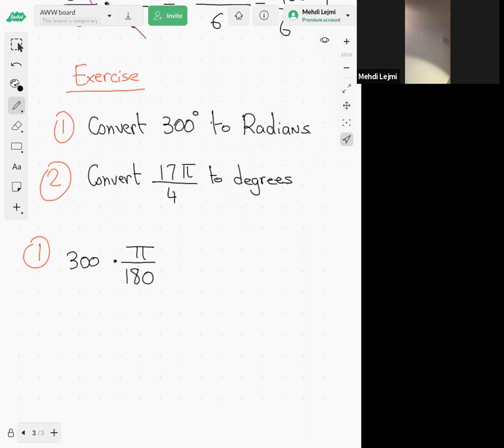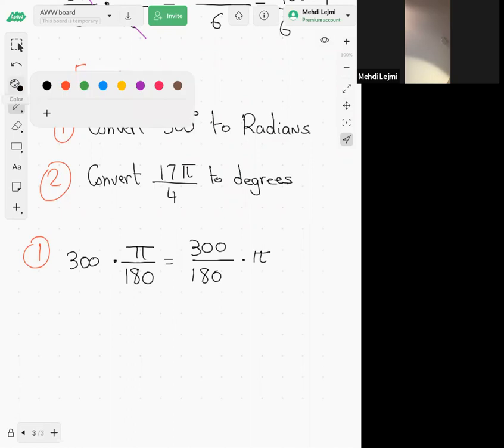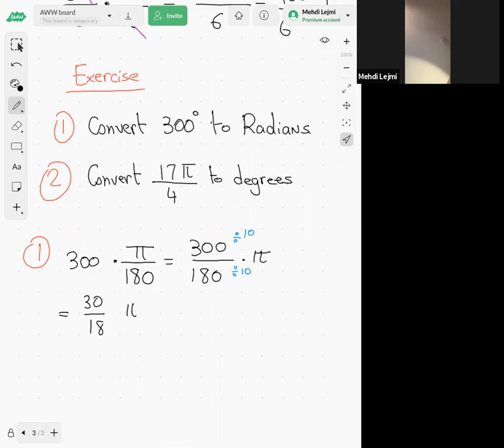So that's 300 over 180 times pi. Now the thing is, as I said, you have to reduce this fraction. You can divide first by 10. Here's over 10, here's over 10. So that would be 30 over 18 pi.